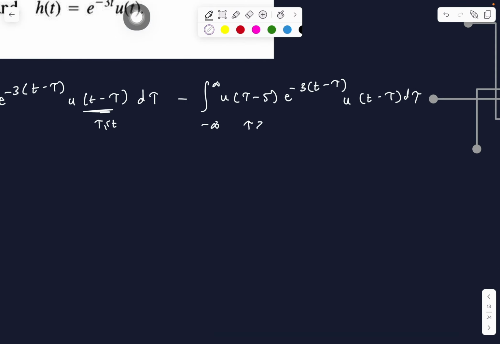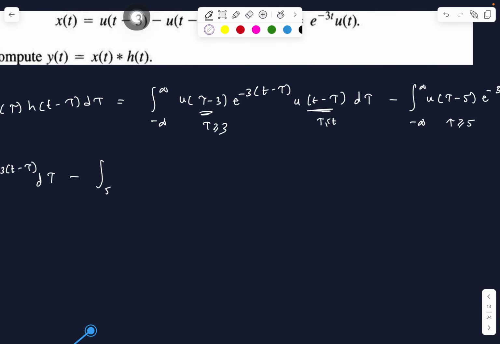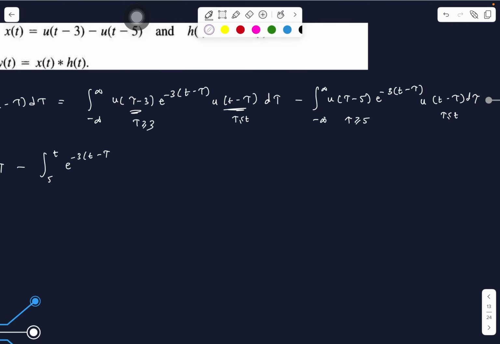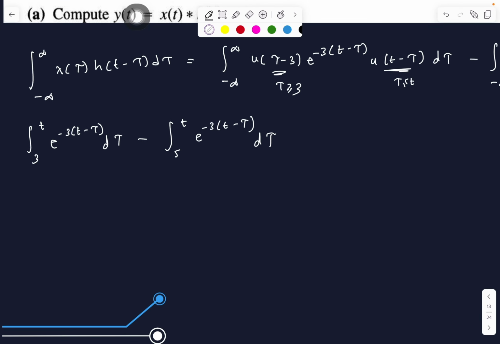This is tau greater than or equal to 5, and this is tau less than or equal to t. 5 to t, e^(-3 tau) d tau. So it's the same integral, but we just have different limits.